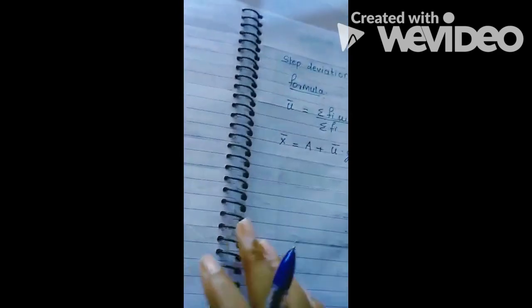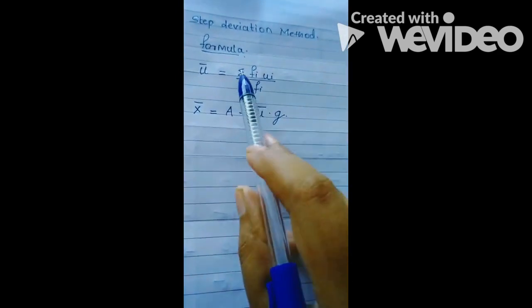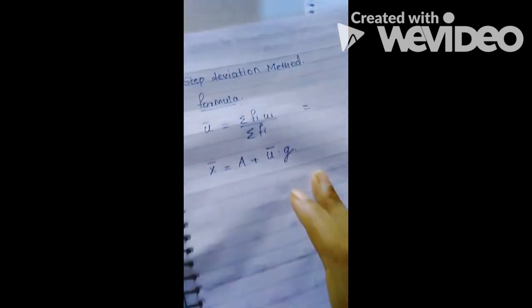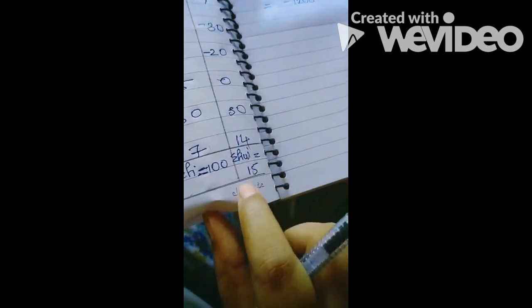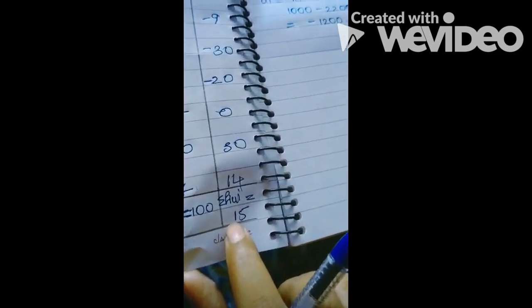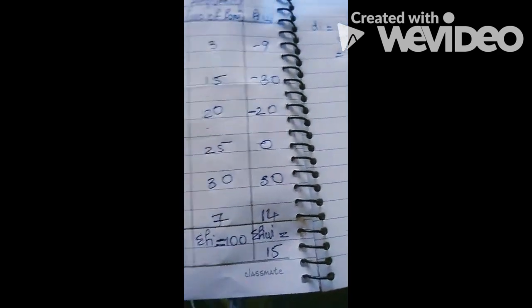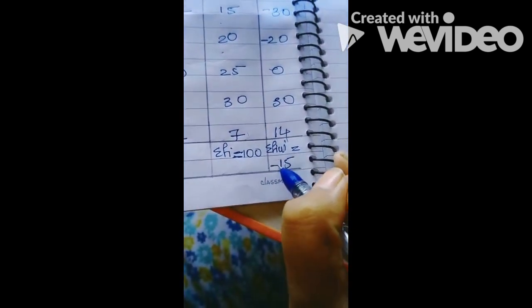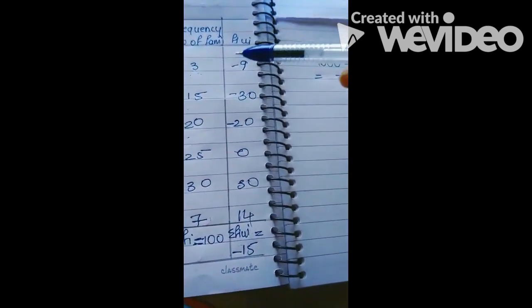As I said, first you have to find u bar, that is summation of fiui upon summation of fi. What is summation of fiui we got? I am doing it in front of this formula only. So fiui we got is minus 15.